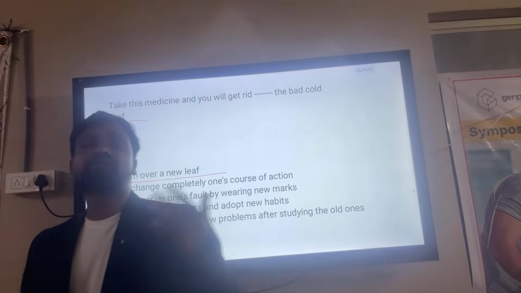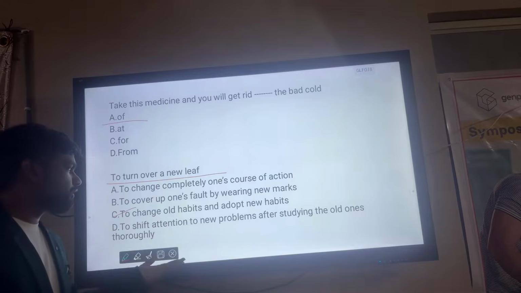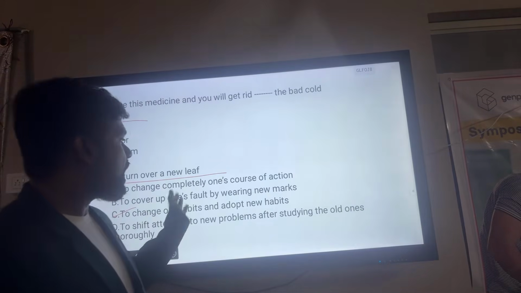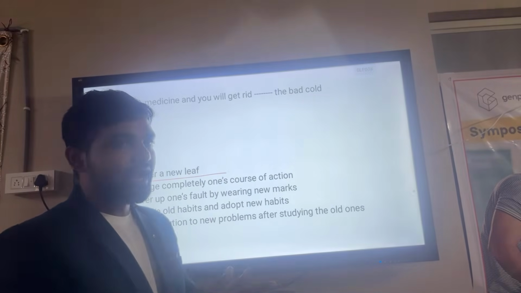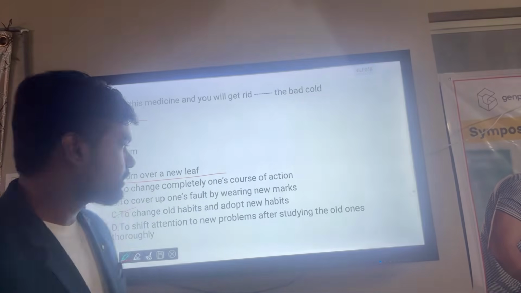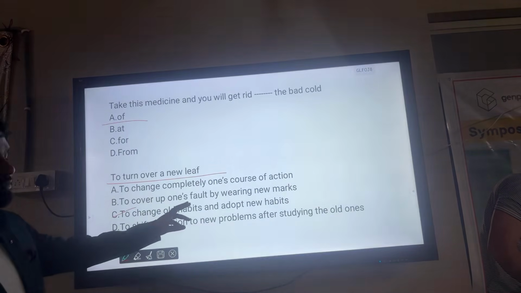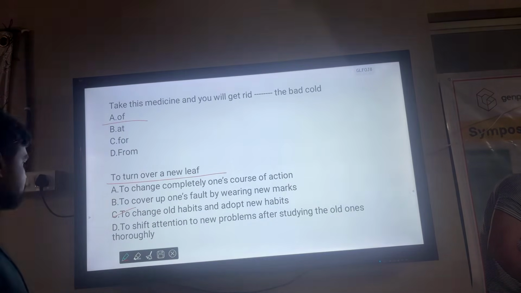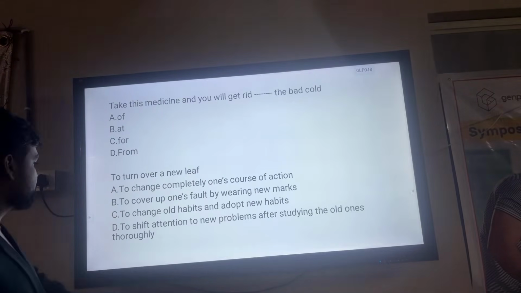When the old leaf goes. So if you remove your old habits, then you adopt new habits. Remove your old leaf and turn over a new leaf. Leaves means habits. To change habits and adopt new habits.